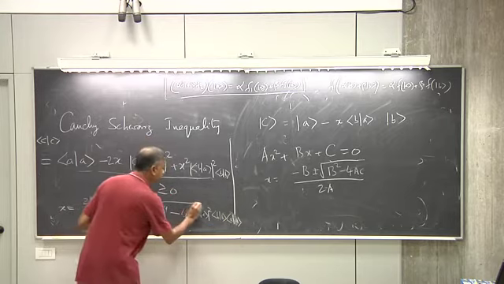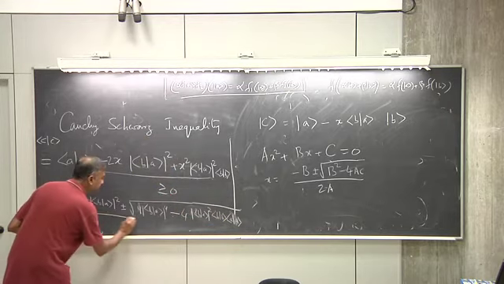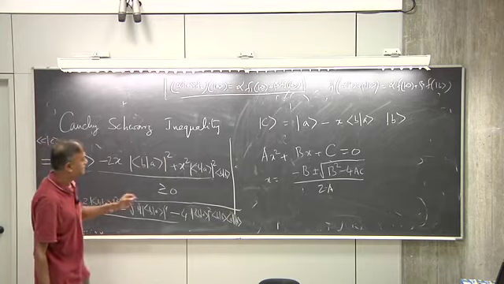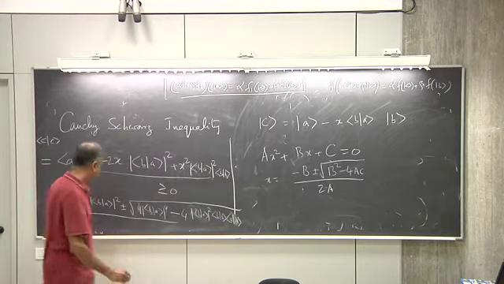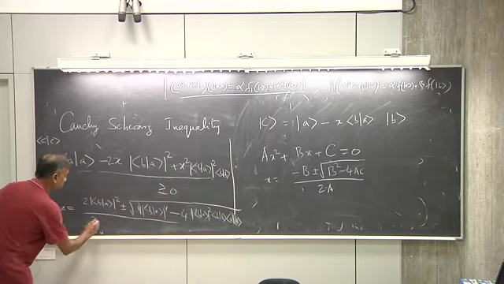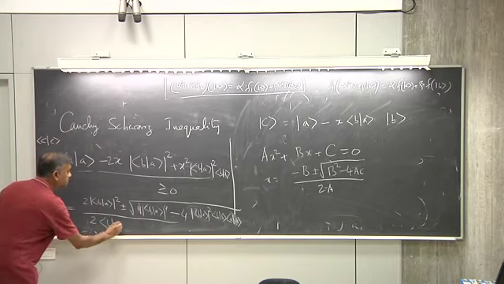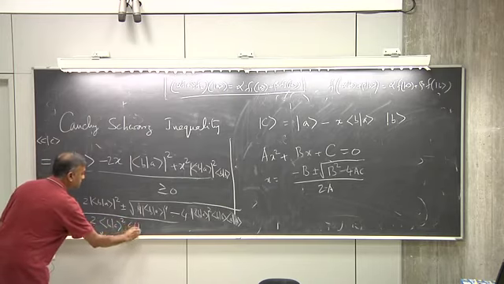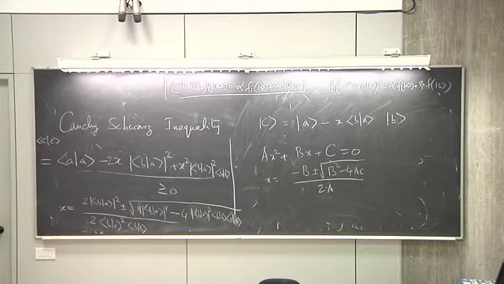This whole thing is a square root, divided by 2 times a, 2 times this coefficient, so 2 times BA mod square BB.